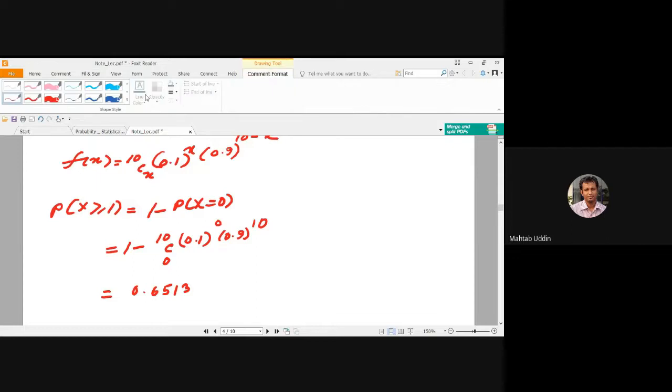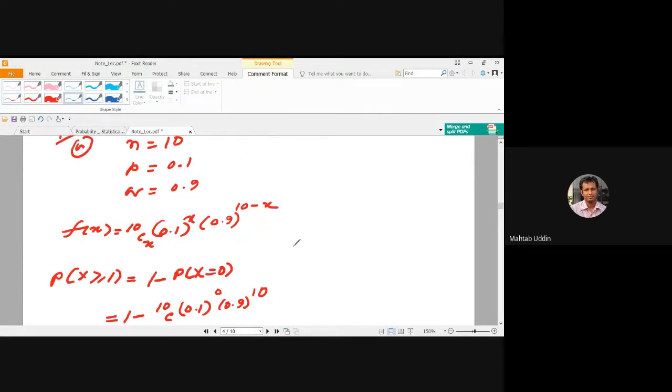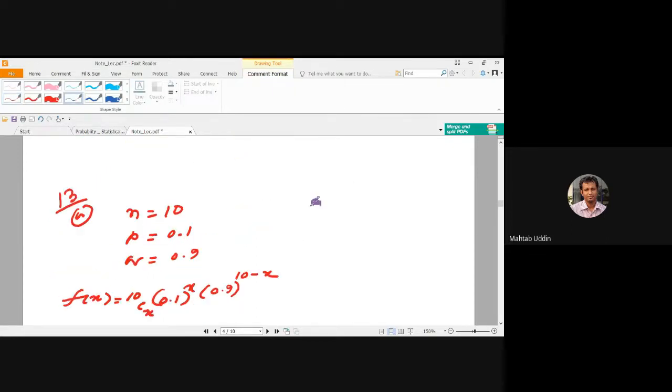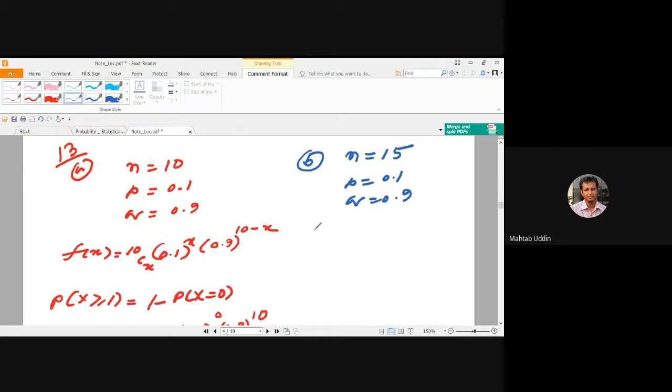If you do the same with n equal to 15, the change is in part B. Look at this, I am doing the same math, but here taking n equal to 15, and the rest of the facts are the same. P equal to 0.1, Q equal to 0.9, no change at all. Here f(x) will be 15 C x, 0.1 to the power x, 0.9 to the power 15 minus x.